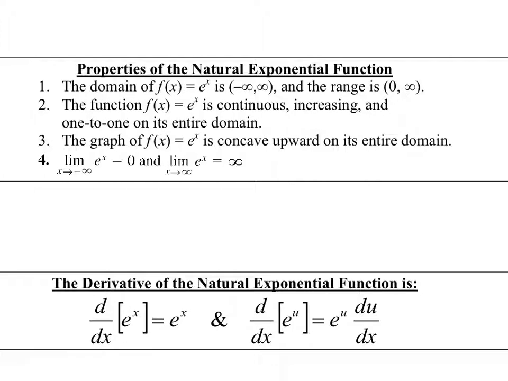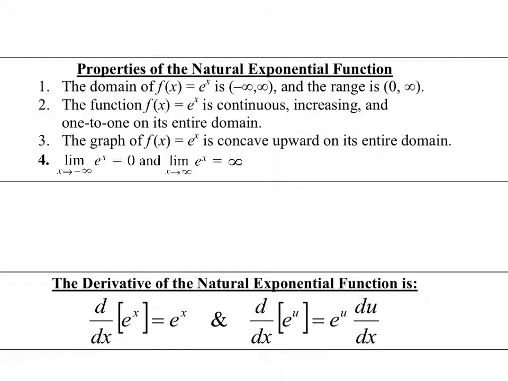It couldn't be an inverse if it wasn't one-to-one. And the graph of f of x equals e to the x is concave upward for the entire domain. As we approach negative infinity, on the left side, it's going to approach 0. Again, it has the asymptote at y equals 0. As x approaches infinity, our function is going to approach infinity as well. Those are some basic properties just as a review. This was one of our parent functions we studied back in pre-calculus.